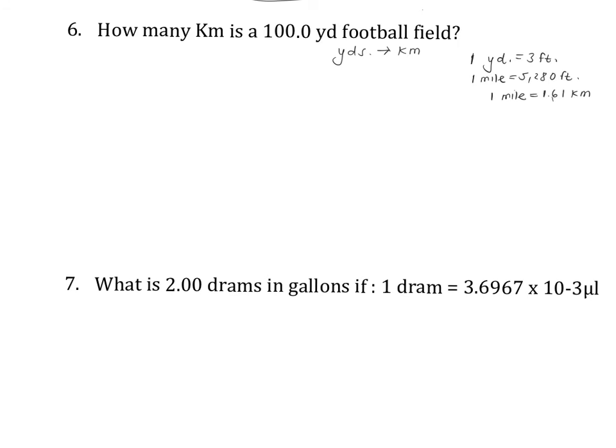And the pathway that we're going to take in solving this is we want to go from yards to feet to miles to kilometers. We start off with what's given. We have 100 yards. And we know that 1 yard is equivalent to 3 feet.